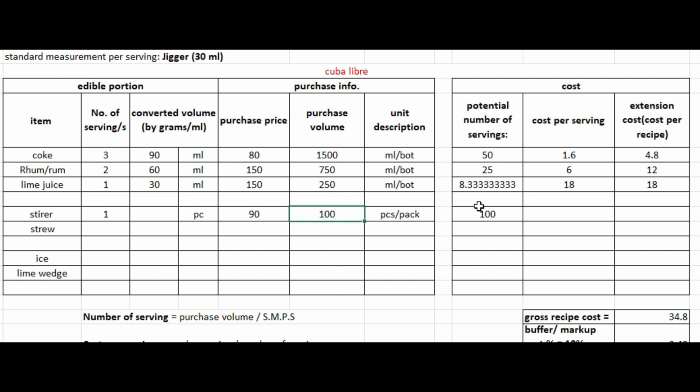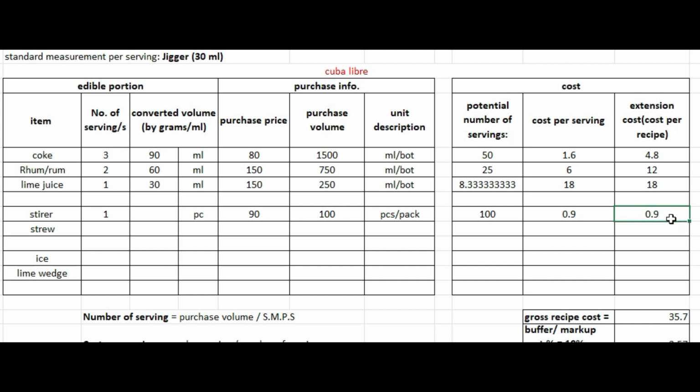For our potential number of servings, simply copy the purchase volume. For our cost per serving, the same process: just divide your purchase price by the number of servings. And for our extension cost, simply multiply our cost per serving by our number of servings under the edible portion.